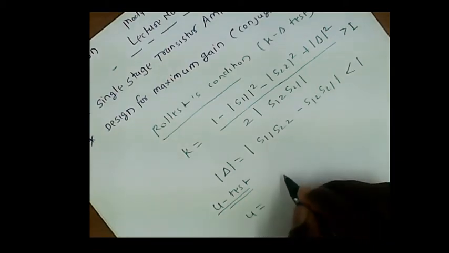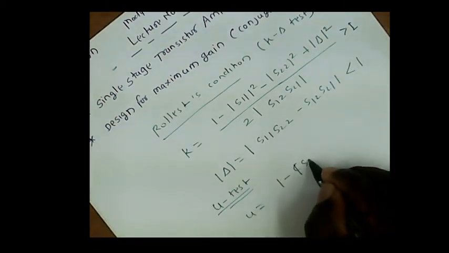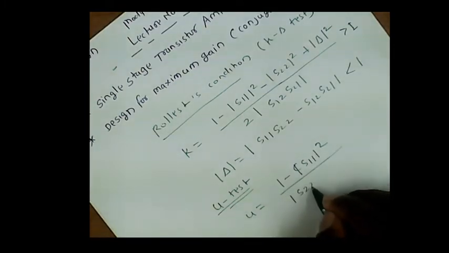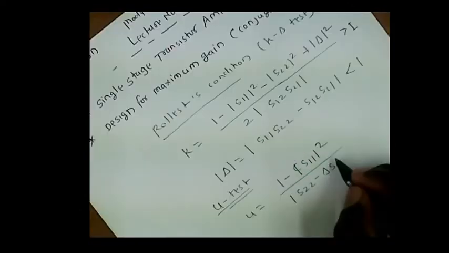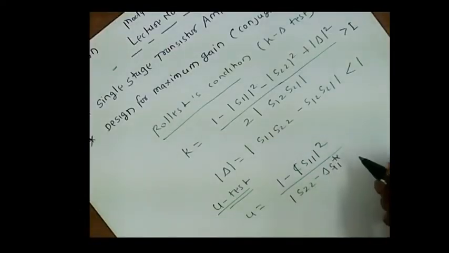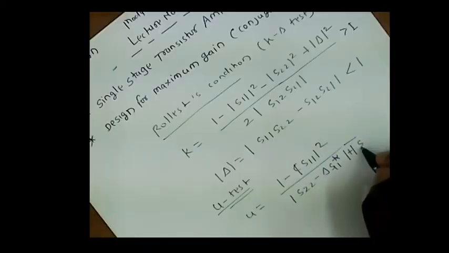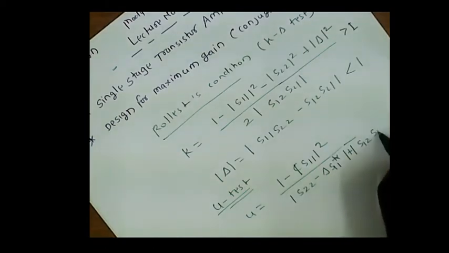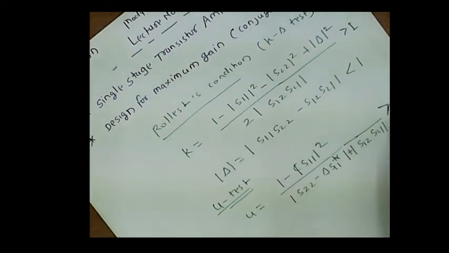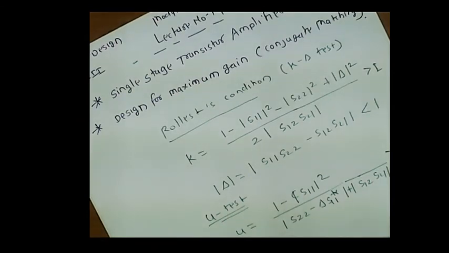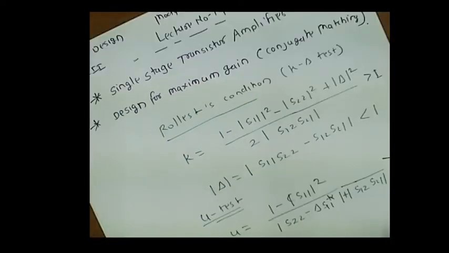So mu is equal to 1 minus S11 squared, divided by the magnitude of S22 minus delta star S11, where the star indicates the complex conjugate, plus the magnitude of S12 S21, and it should be greater than 1. This is the second condition to test the unconditional stability of your transistor while using it as an amplifier.